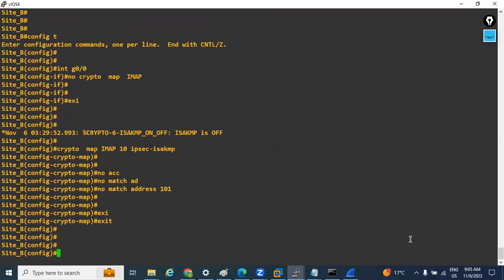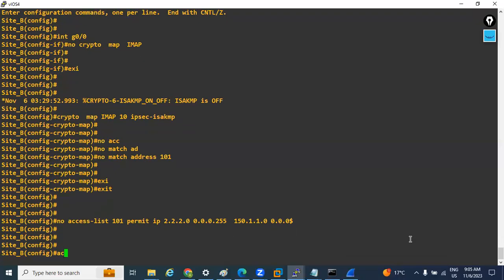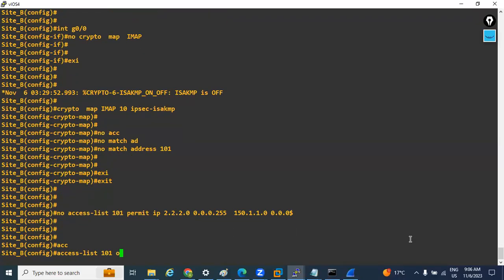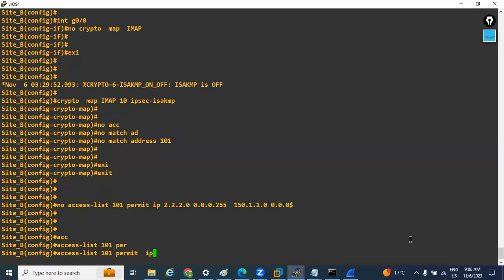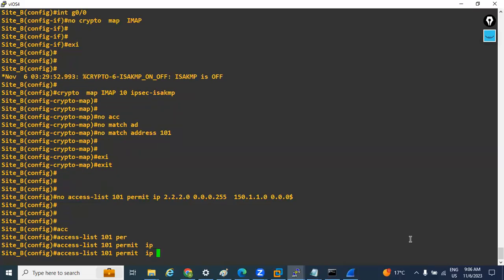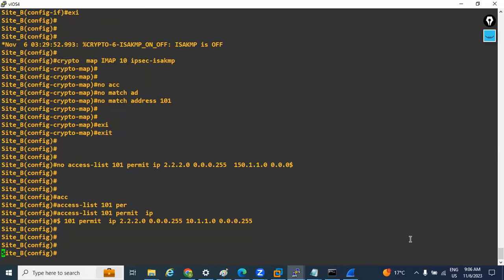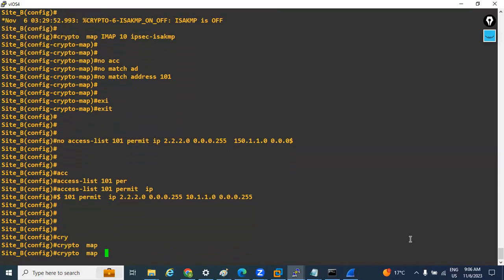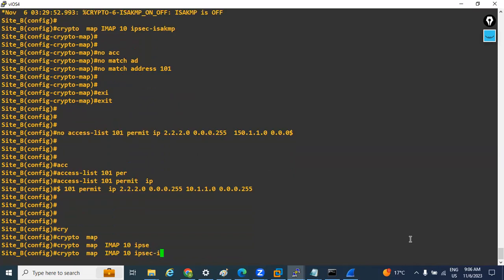So now I have configured the access list. Let me remove that access list. I have removed it. Access list 101 permit IP 2.2.2.0 10.1.1.0 with the wildcard mask. Now crypto map IMAP 10 ipsec-isakmp.